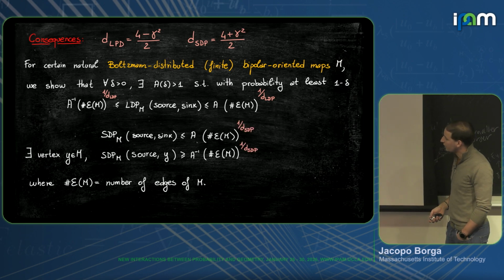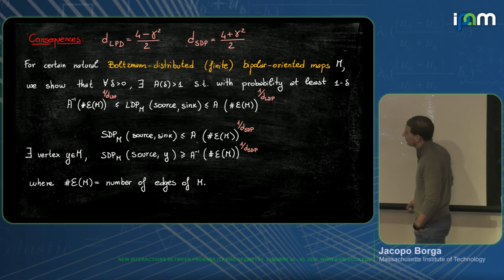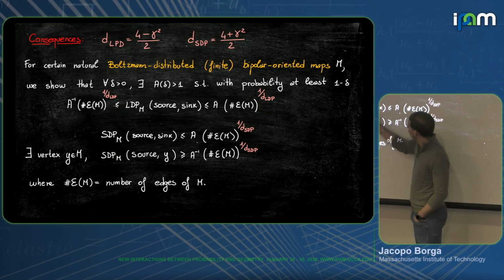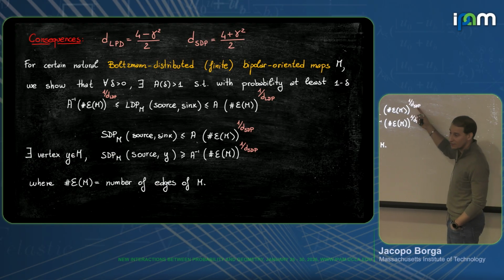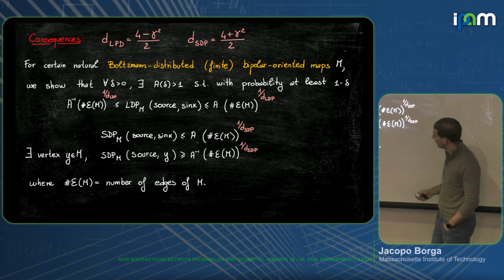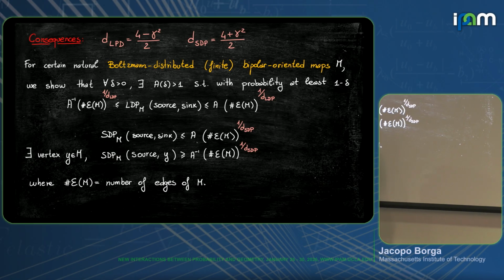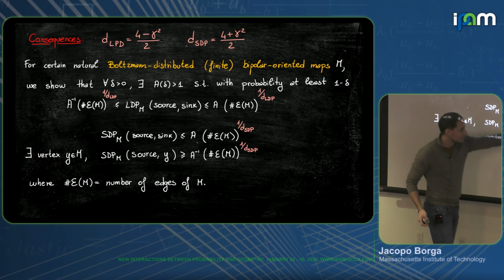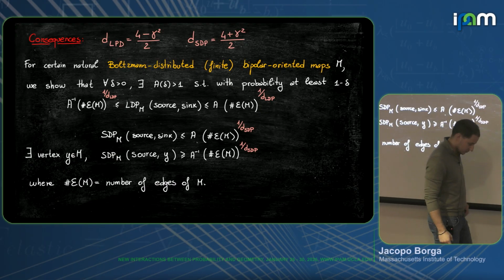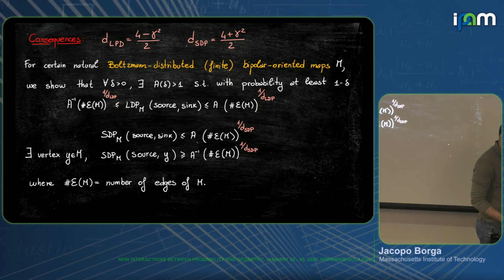And for the shortest directed path, we have something analogous: the distance between the source and the sink is upper bounded by a similar quantity, but where the exponent is now SDP. And for some technical reason, for a lower bound, we can just show that there is a vertex that is at least as far from the source.